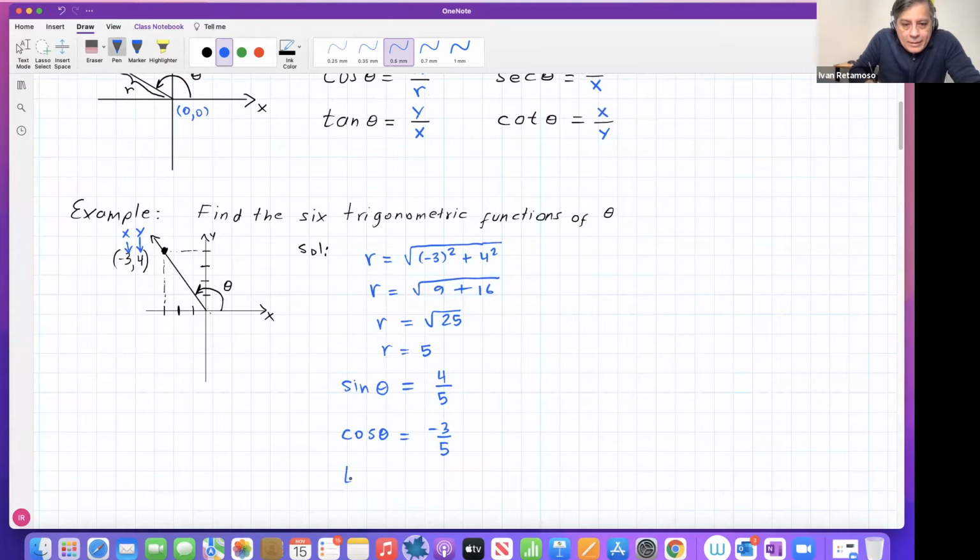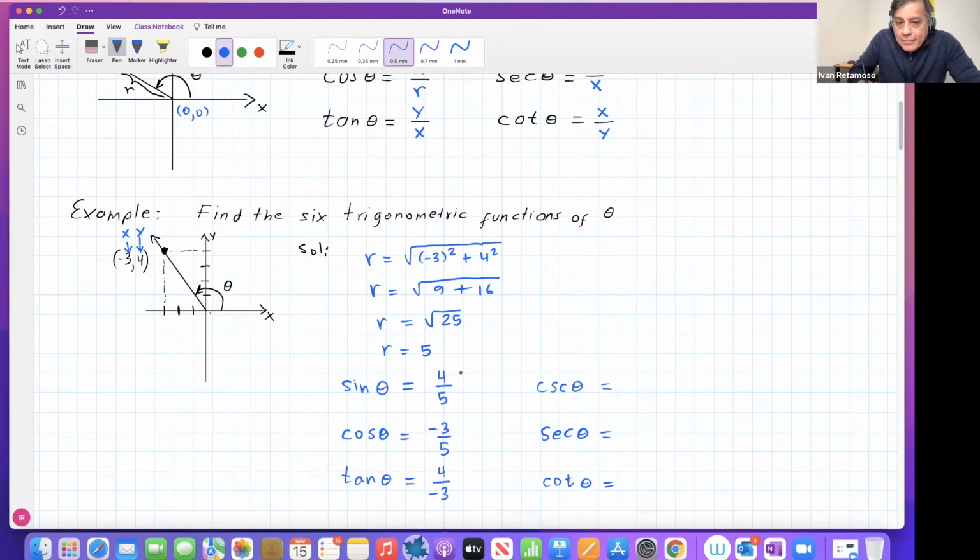Great. Now, what will be tangent? Tangent of theta is y over x. The y coordinate is 4, the x coordinate is -3. So there we have tangent. Now, the other trigonometric functions, cosecant, secant, and cotangent, can be easily obtained from these three, just by flipping them respectively.